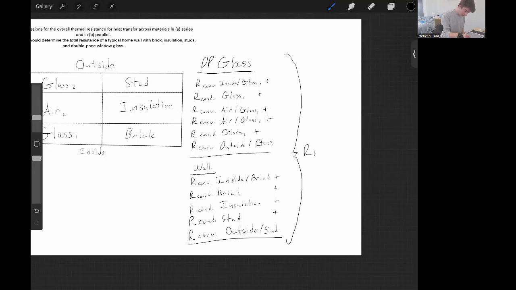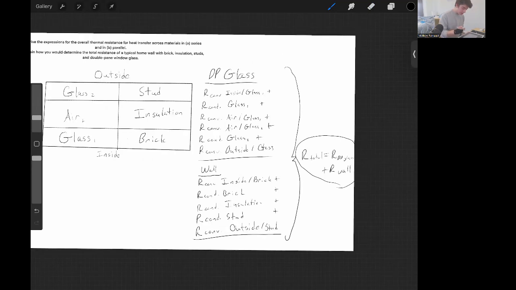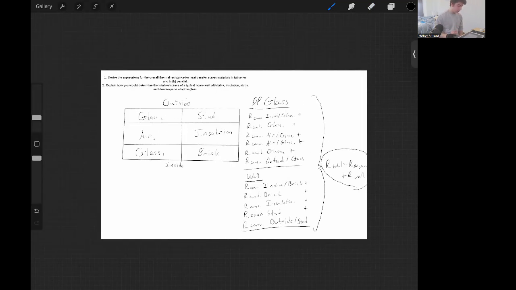Our resistance total equals the resistance due to the double pane glass plus the resistance due from the wall. And that is how we could find the accumulative resistance for this system.